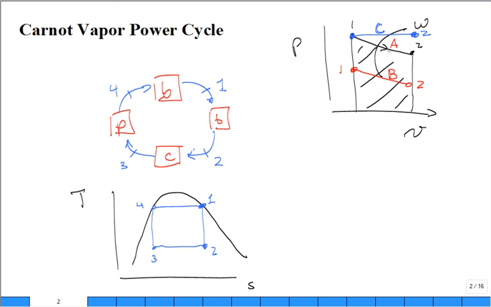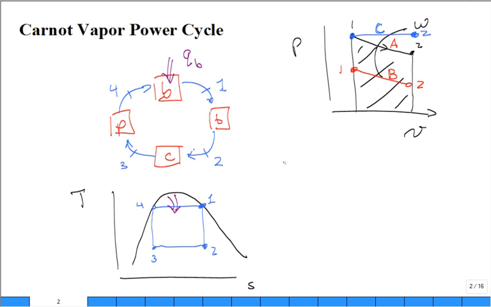Well, why do we like the temperature entropy diagram? Can we interpret the area under the curve on a temperature entropy diagram as anything? Q, it's the rate or the amount of heat transfer. So if you go through the boiler, what's happening? We're adding heat in the boiler. That's happening between 4 to 1.